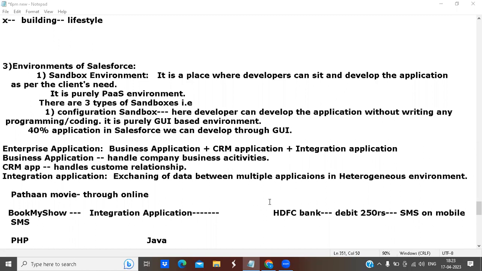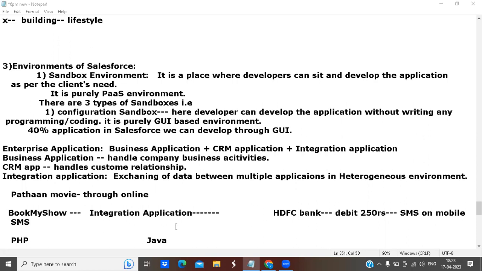So finally, what I'm telling you about the integration application is that it makes two applications communicate with each other. Understand? Two different applications communicate with each other. That means two different programming languages, two different technologies, are communicating with each other.